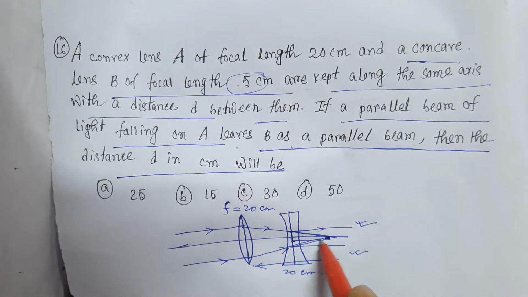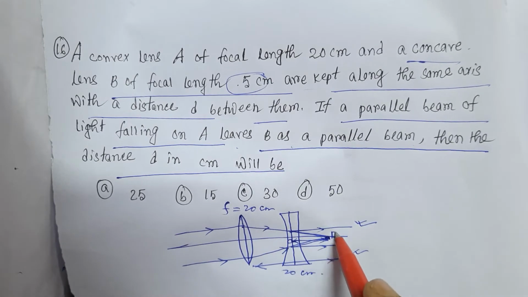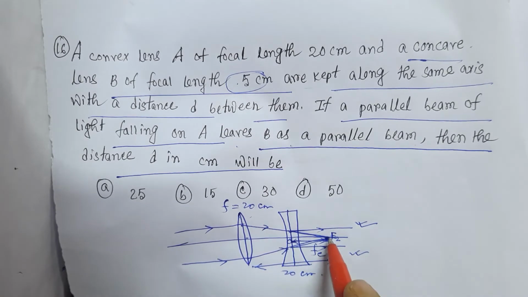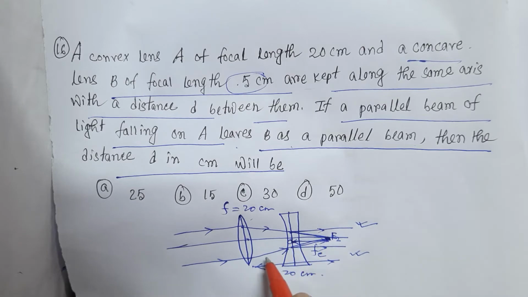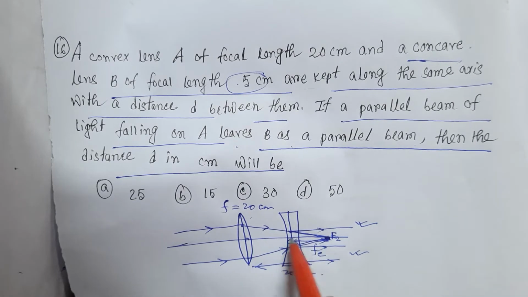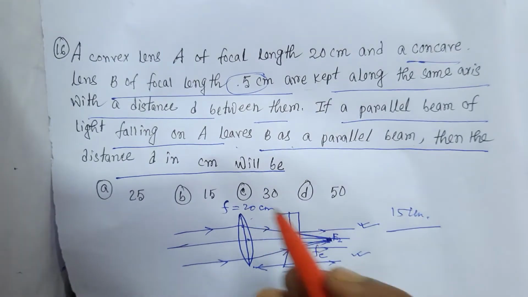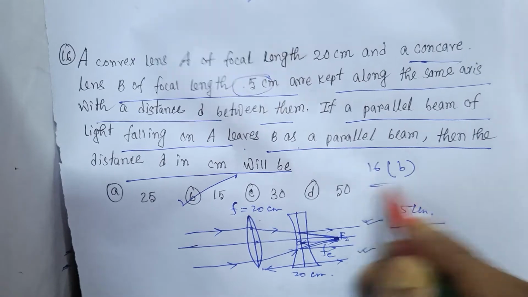So this focal distance F2 is the focal distance of the concave lens. This is 5 centimeter and in the first case image distance was 20 centimeter and so the distance in between the two lenses is 20 centimeter minus 5 centimeter, that is your 15 centimeter. So the correct choice is B. So the correct choice to the question number 16 is B.